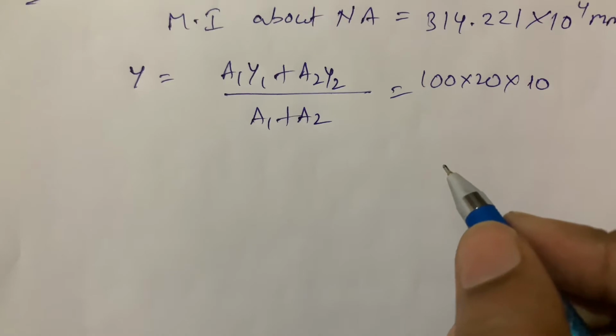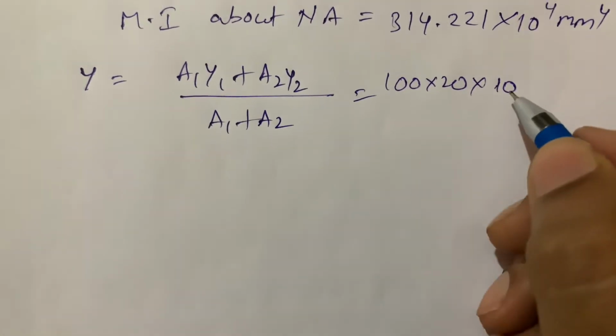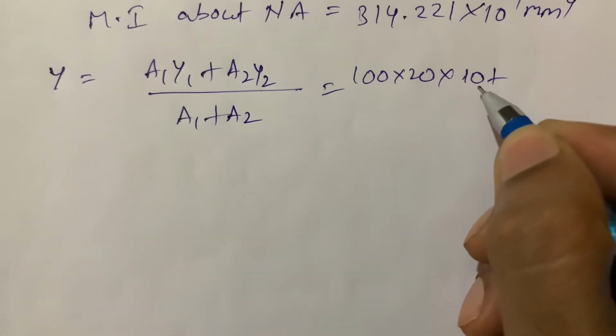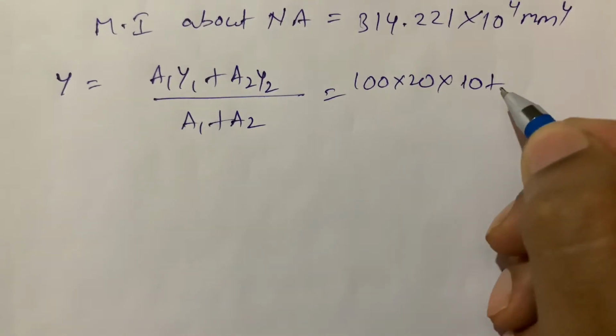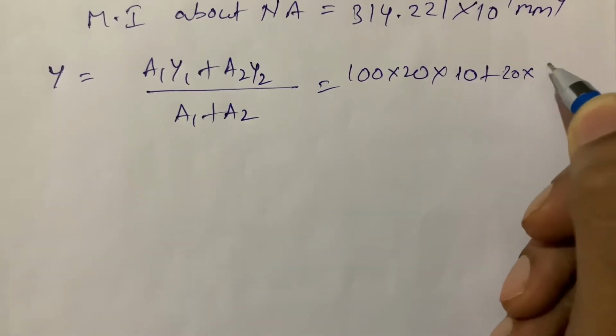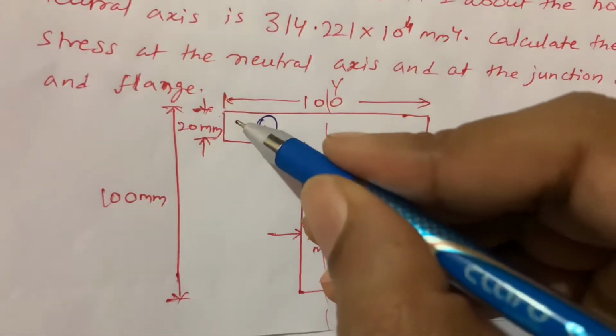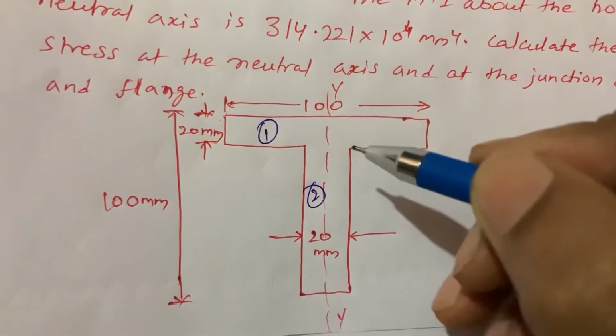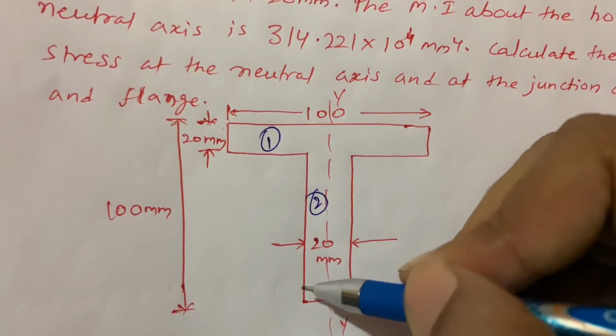That is 10. Next, A2Y2. A2 is the web area, 20 into 80. The 80 comes from the total depth of 100 minus the flange thickness of 20. Y2 is the centroid of the web.